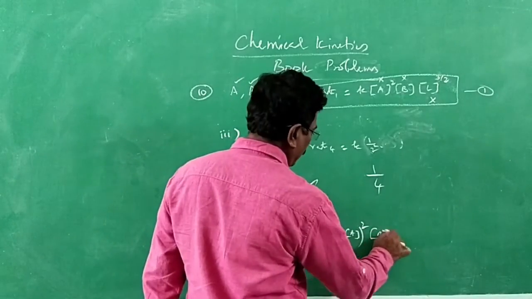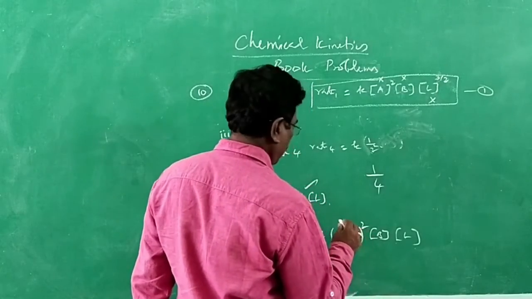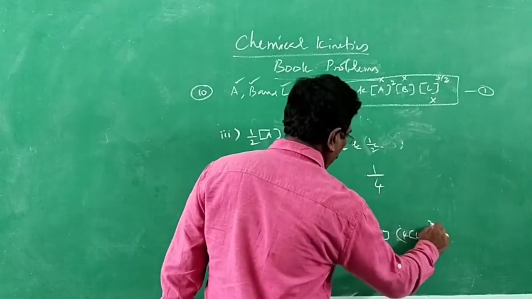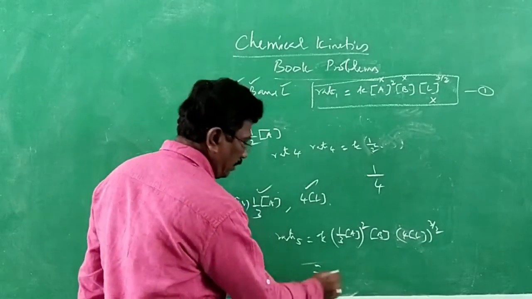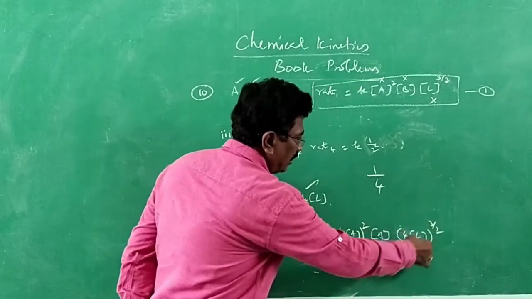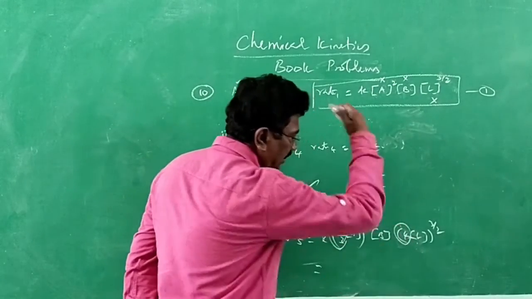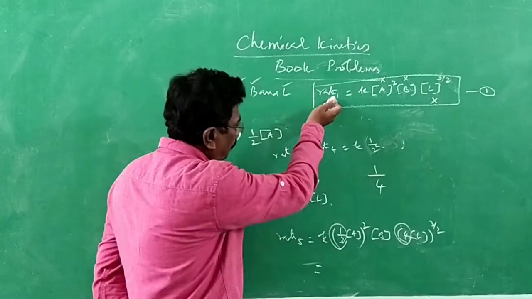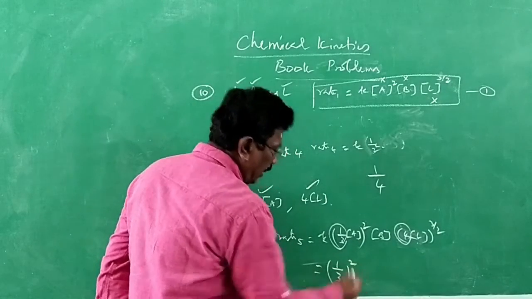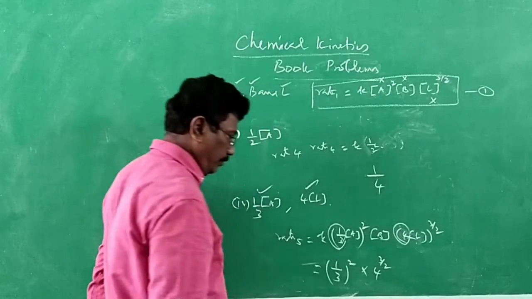Concentration of B remains as such. Concentration of L is increased 4 times. Therefore, 4 into L to the power 3/2. If you divide rate 5 by rate 1, other things get cancelled. Therefore, you have to concentrate on 1/3 whole square into 4 to the power 3/2.